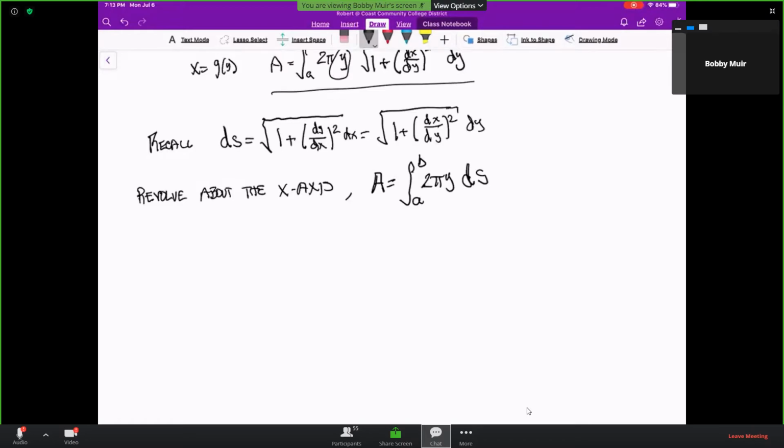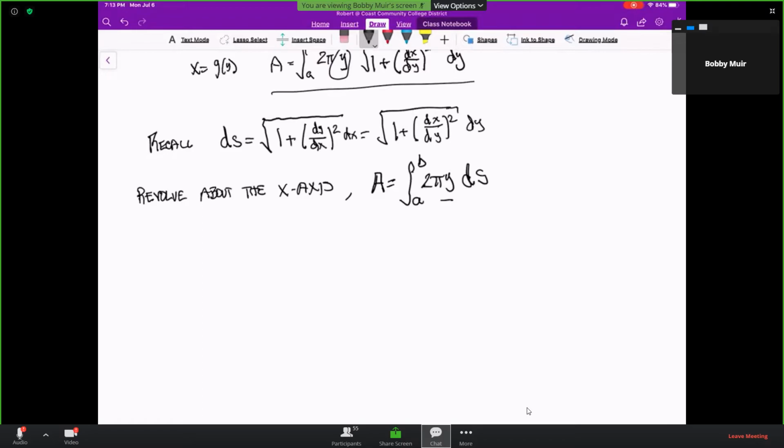And so if you are revolving around the x-axis, you're always going to have a y here, but you can do a dx integral or a dy integral. Okay?